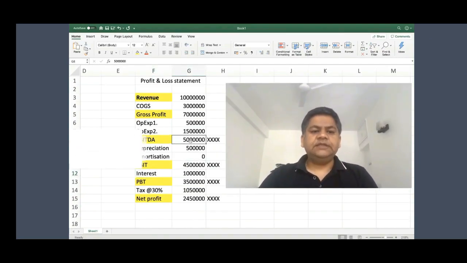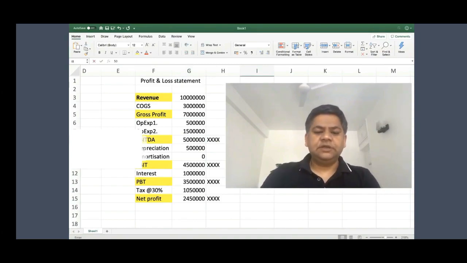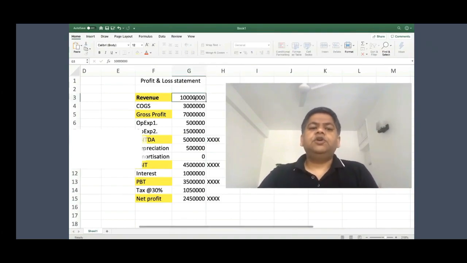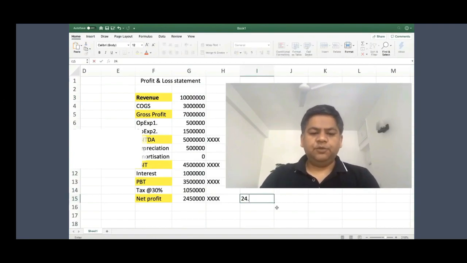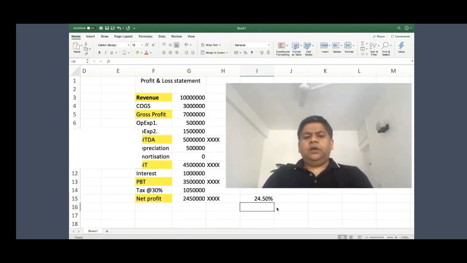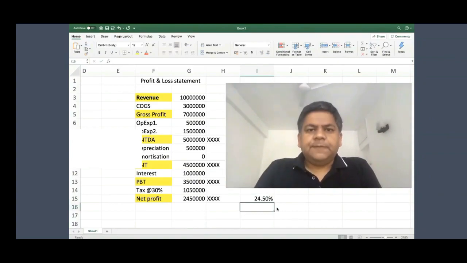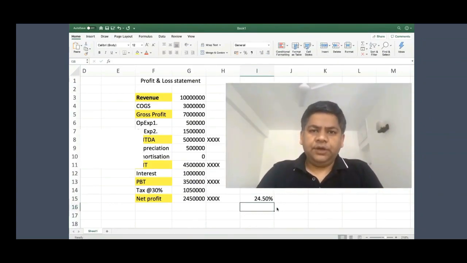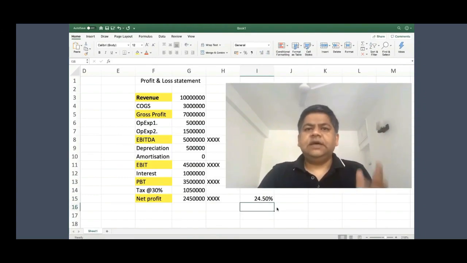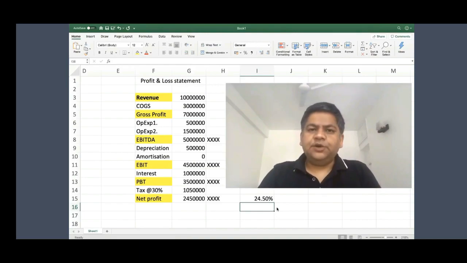So here I can say that at the EBITDA level the percentage is 50% of the gross revenue. However, when it comes down to net profit, it is 24.5%. Without confusing you much, all I want is for you to remember this format. I know this course is more practical oriented, where we try to do things and learn.